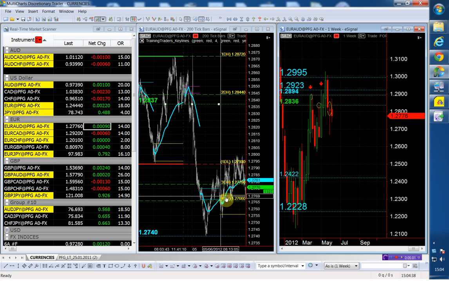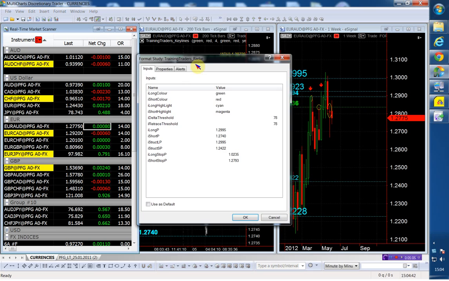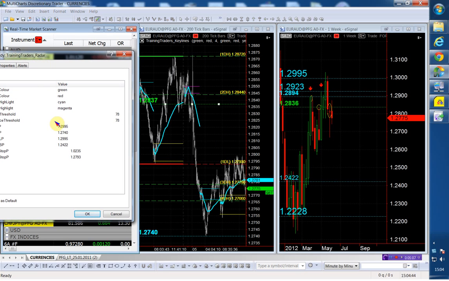So we will buy the Euro Aussie if it gets above the 128.37. Okay, and the next structure long point is the 128.94.